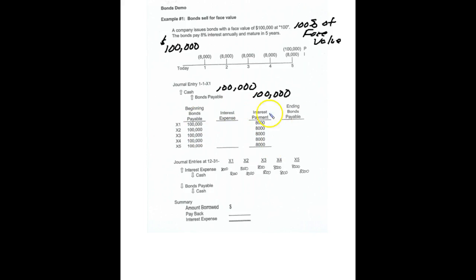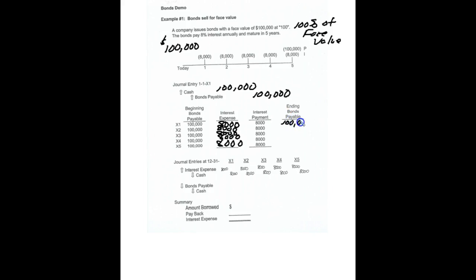So if I were to set this up on a schedule, we've got $8,000 interest expense each year. So each year, 8, 8, 8, 8. So $8,000 for 5 years. So I'm putting this $8,000 of interest expense and just showing it here. And that's the full interest payment. So if we put $100,000 in bonds payable, and we started with that, there are no principal payments.